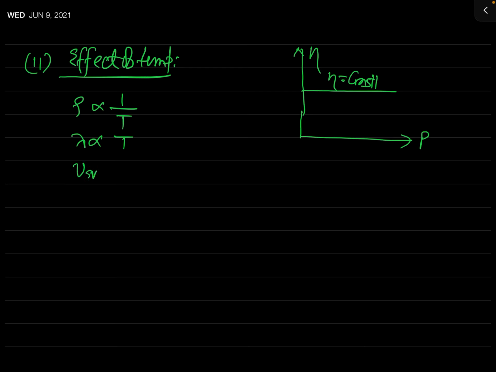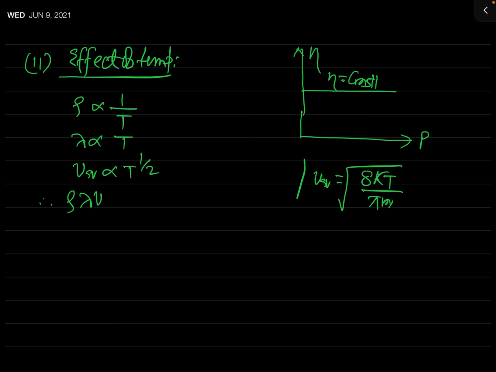And you have already studied in kinetic theory of gases that V average is the square root of 8 kT over pi m. So you can see from this formula that V average is proportional to T to the power half.